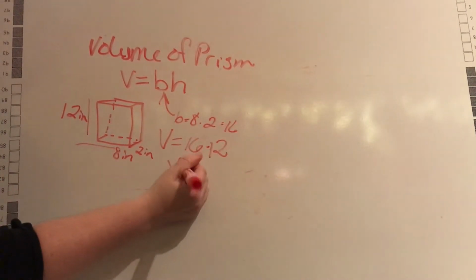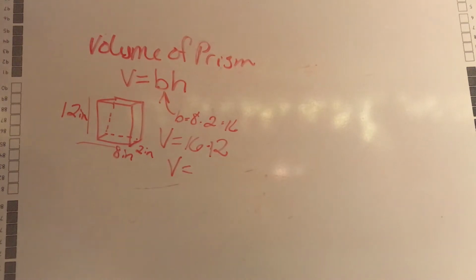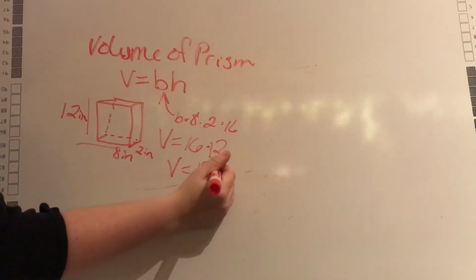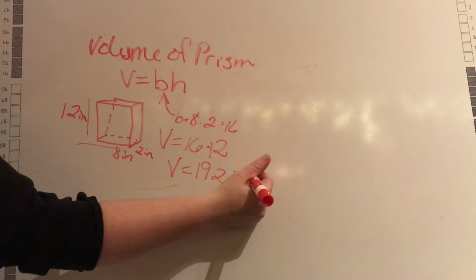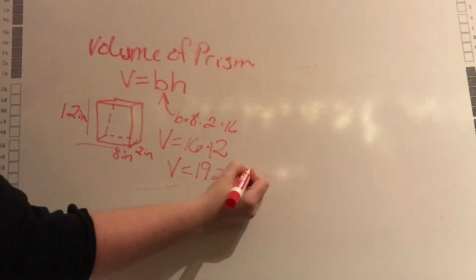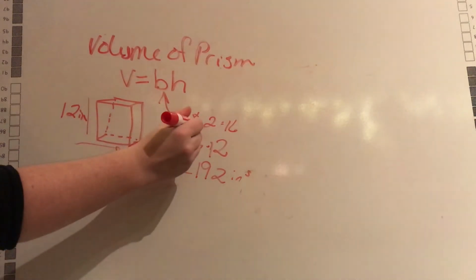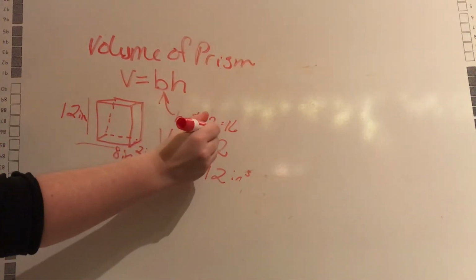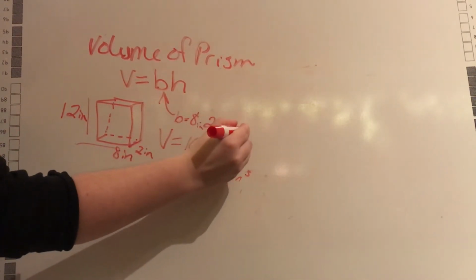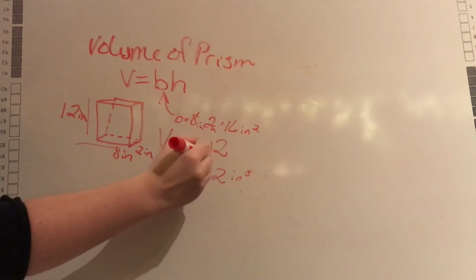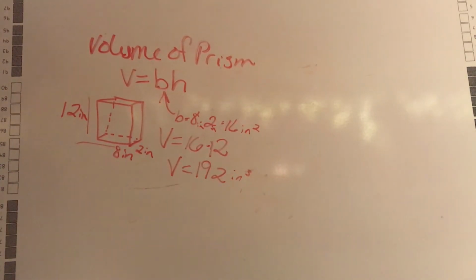And so the volume of this little box is going to be 192 inches, oops, that's an M, inches cubed. Cubed, because this is inches squared, and then we have another inches over here, and that's going to be inches cubed. So volume, your units are cubed.